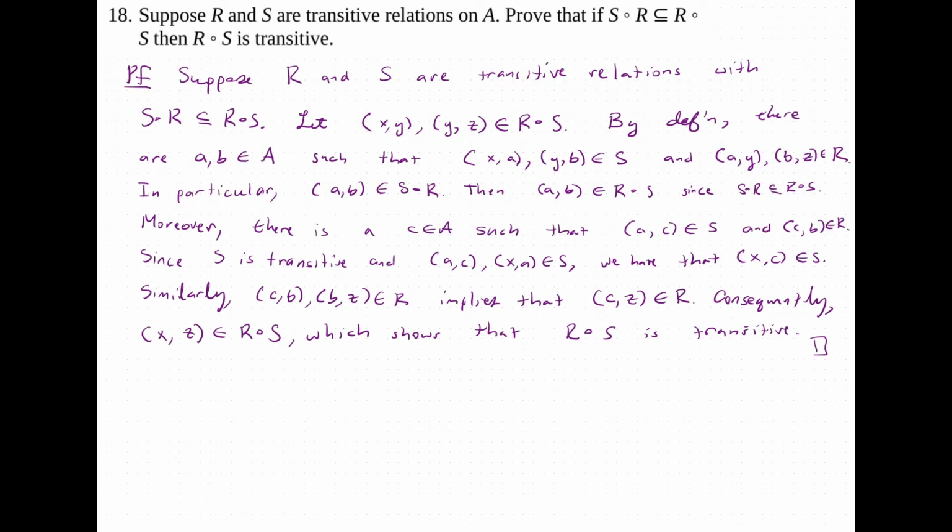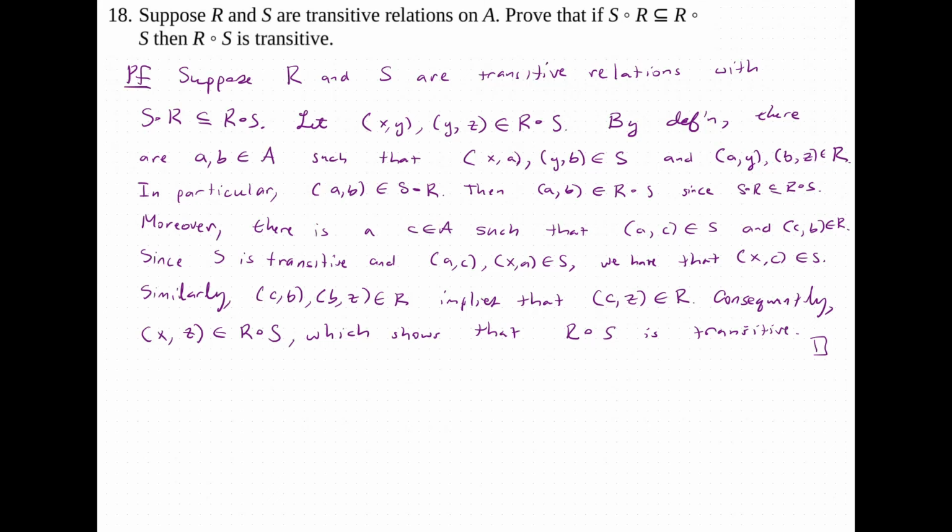We go through and state our assumptions. We start off by choosing our (x, y) and (y, z) in the composition of R and S. We use the definition of composition to deduce the existence of a and b, such that (x, a) and (y, b) are in S, and (a, y) and (b, z) are in R as ordered pairs.